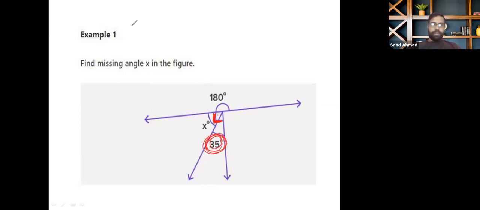So x and 35 are a complementary pair of angles, so they should equal 90. So x should be 90 minus 35 because they sum up to 90. We get 55. So that was the correct answer. X equals 55, so this angle is 55 degrees.